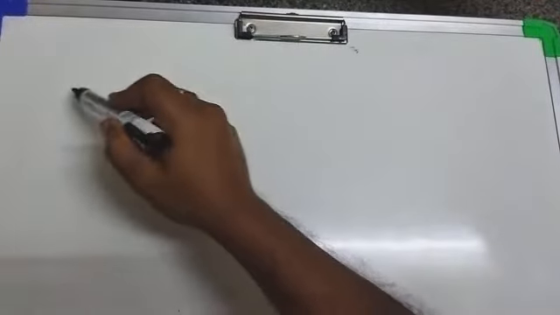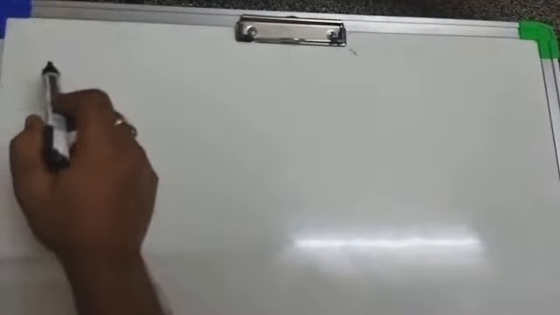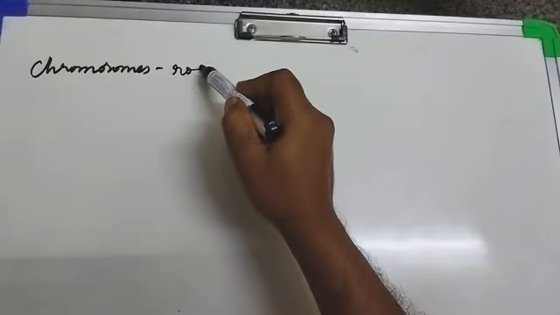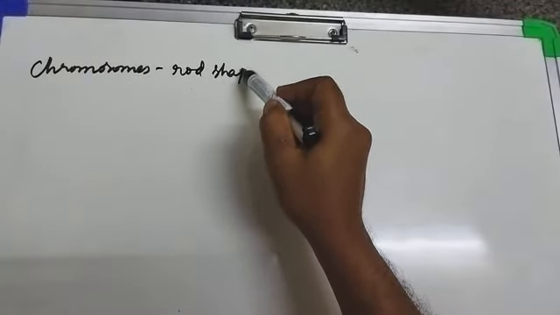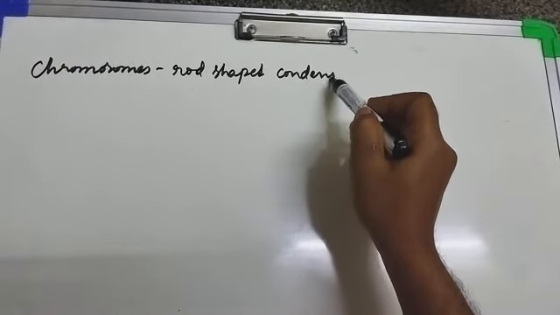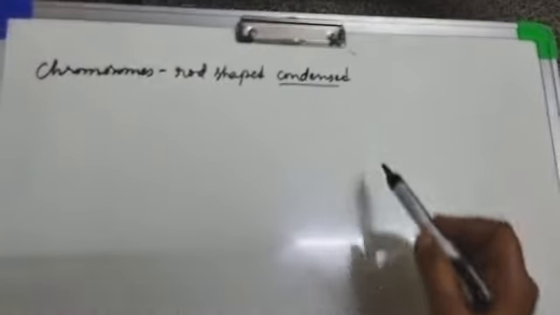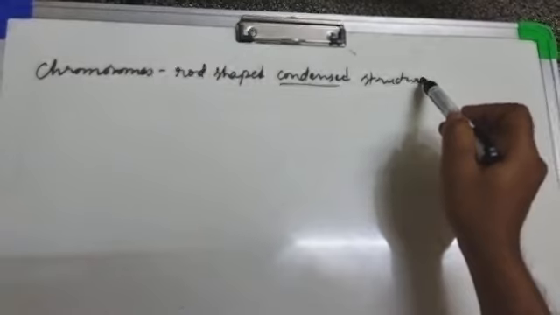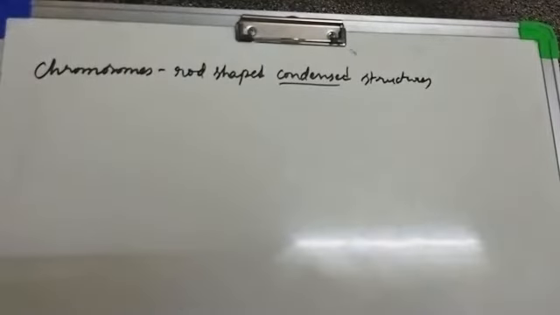What are the differences between chromosomes and chromatin? Chromosomes are rod-shaped condensed structures. Right?